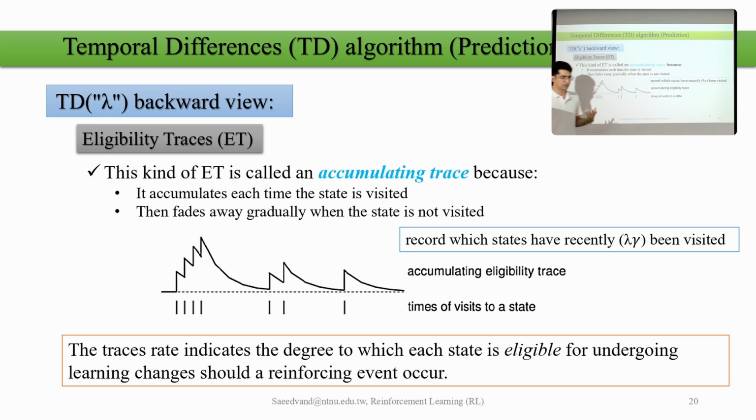This is a kind of calculation not only of the distribution simply like this, but also considering how many times I visited each one of these in order to update the value of each state.